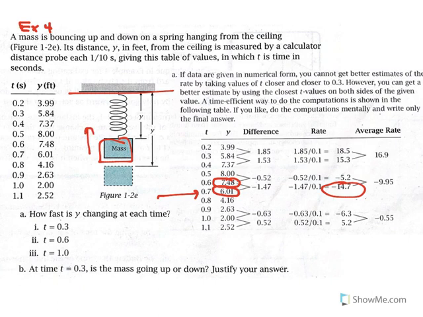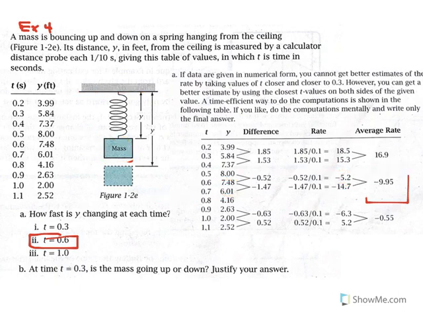So when you take the average of these two average rates of change, you get an approximation for the instantaneous rate of change of the mass's distance from the ceiling with respect to time at time equal to 0.6 seconds. So the exact same thing is done for the third time of 1.0 seconds.